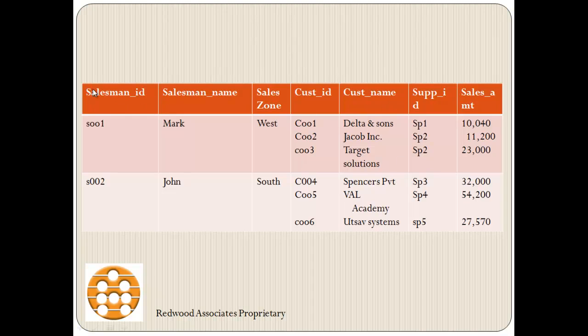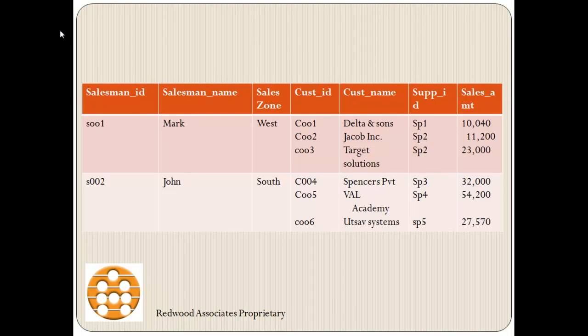Now, let's take the entity salesman. For this, the attributes that are available are the salesman ID, the salesman name, the sales zone, the customer ID, the supplier ID. So these are the properties that have been assigned to the salesman entity.